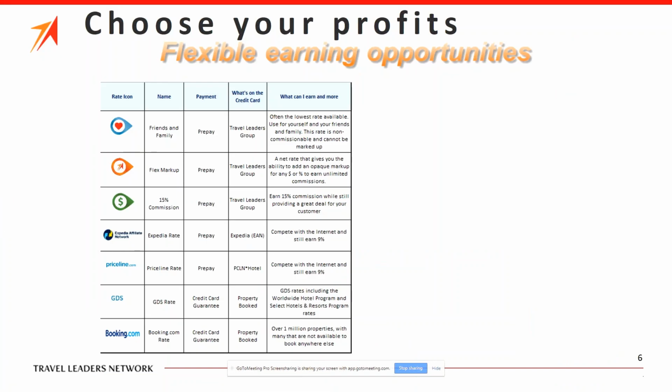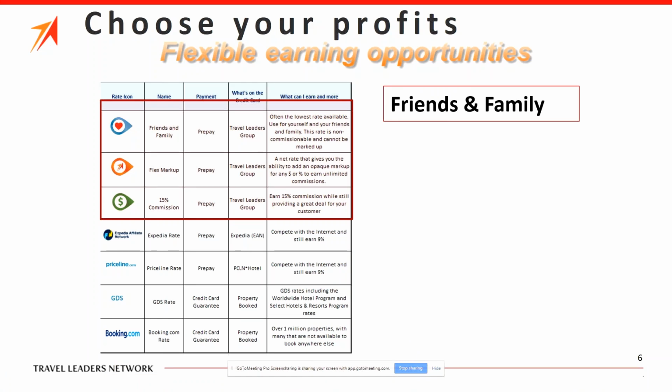As I mentioned, there's a lot of earning opportunities. We have lots of different rate icons and options for you, and we've even added one that I'll talk about. First off, at the top here, we have our friends and family rate. If you're not familiar, that's basically your agent rate. That's a prepaid, low net rate, and is non-commissionable.